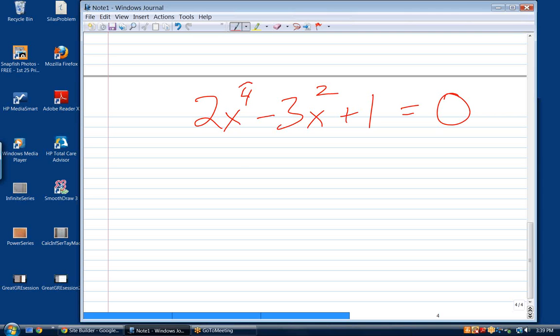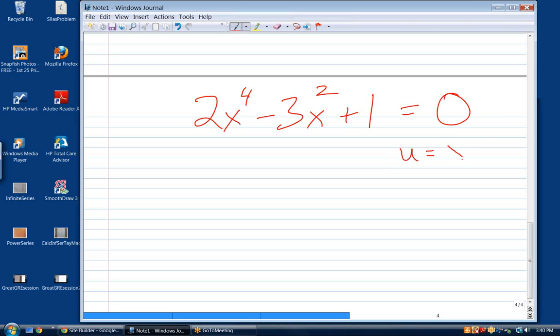Notice that this term is the square of this term. And that's all you need to be able to treat something like a quadratic, is if that term is the square of this. So if I wanted to use u substitution or z substitution, what would I let u equal?